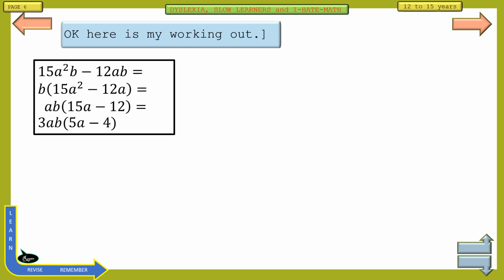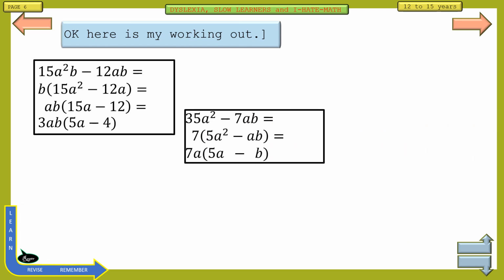First I took the b outside the brackets. Then I took an a outside the brackets, so that now we have ab into the contents of the brackets. 15 and 12 have a common factor of 3. So I take 3 outside the bracket, and we have 3ab into 5a minus 4.